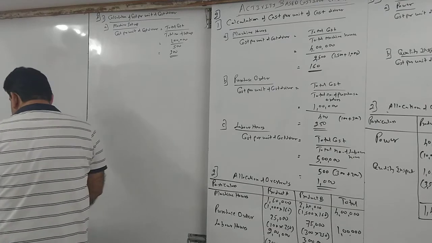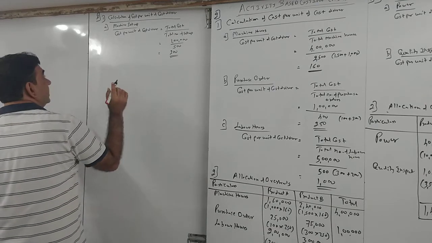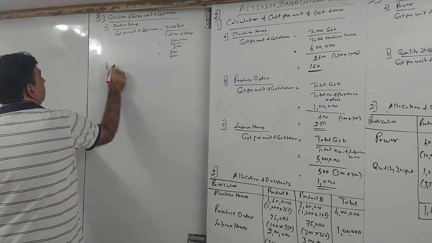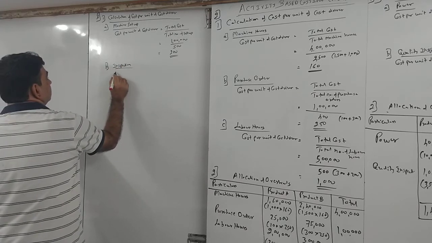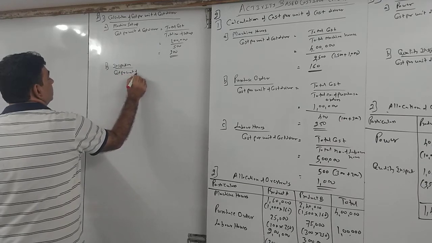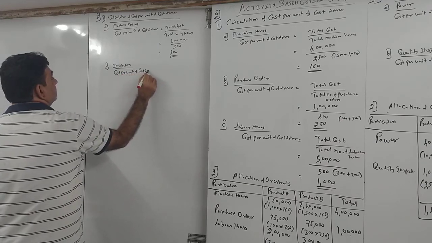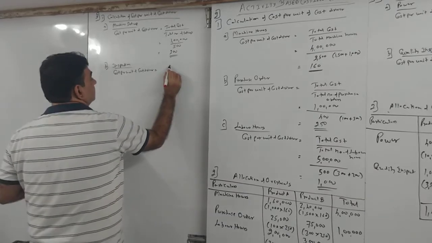Same way, next. What is the next thing? Inspection. B. Inspection. Cost per unit of cost driver.